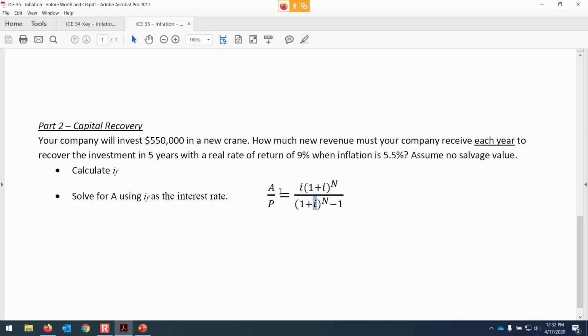The I sub f that you've calculated in the first bullet point is the interest rate that goes into the formula. Then find out how much your company would have to receive each year. Again, I'll pause for a moment to give you a chance to do your calculations, and then we'll look at the solution together. Feel free to interject with any questions if you've got them.